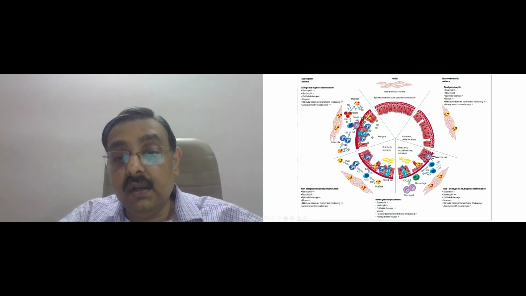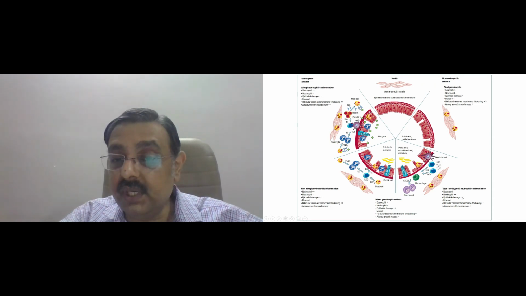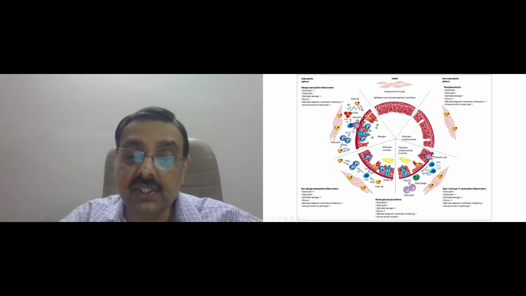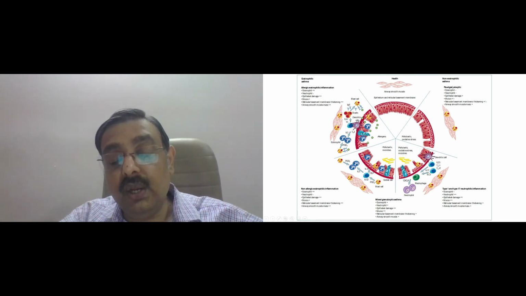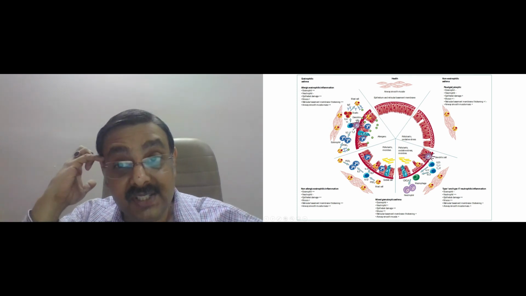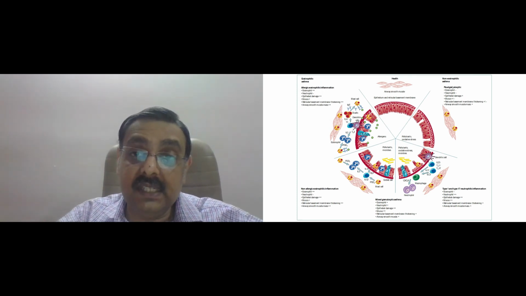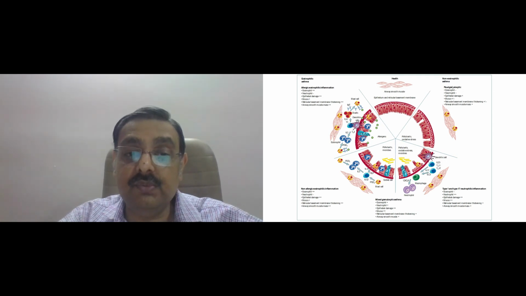Then you can have an asthma which is neutrophilic, predominantly neutrophils in the reaction. You can have a mixed granulocytic asthma, where you find eosinophils and neutrophils both, and a paucigranulocytic asthma, where the inflammation seems to be there, but the eosinophils and the neutrophils seem to be significantly low. These are the different endotypes which we are learning about.